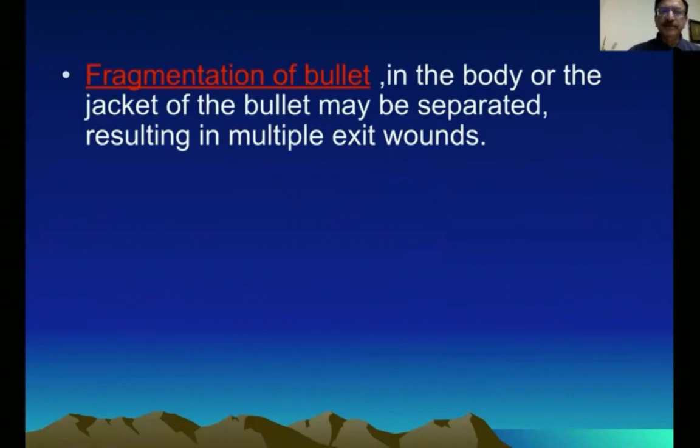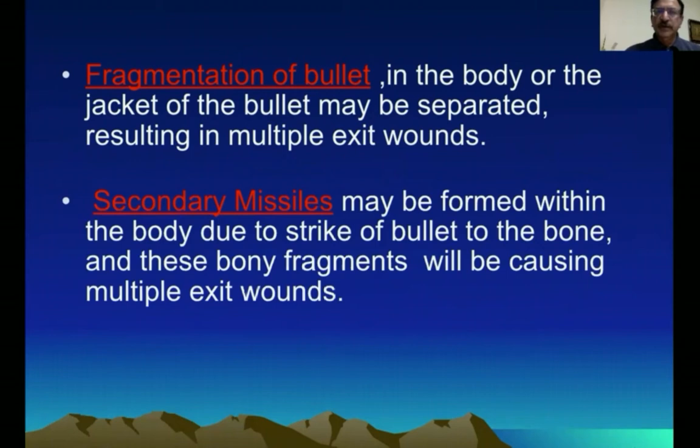Then the bullet may be fragmented by the passage within hard material like the bone. The jacket may be removed. As the bullets are jacketed, the jacket may be removed or the bullet itself may be fragmented. So there will be then multiple holes visible. Then the secondary missile may be formed.